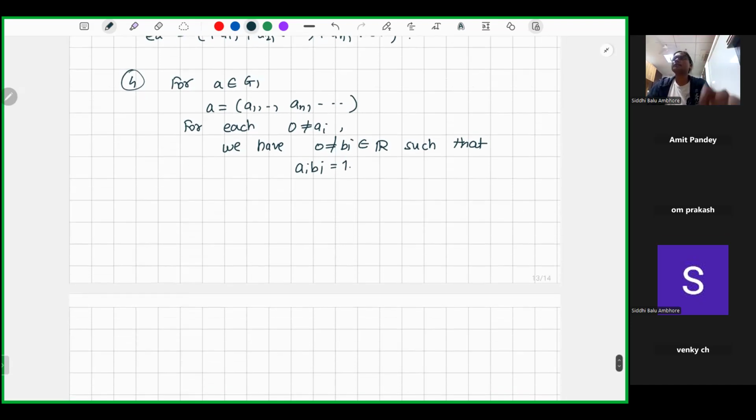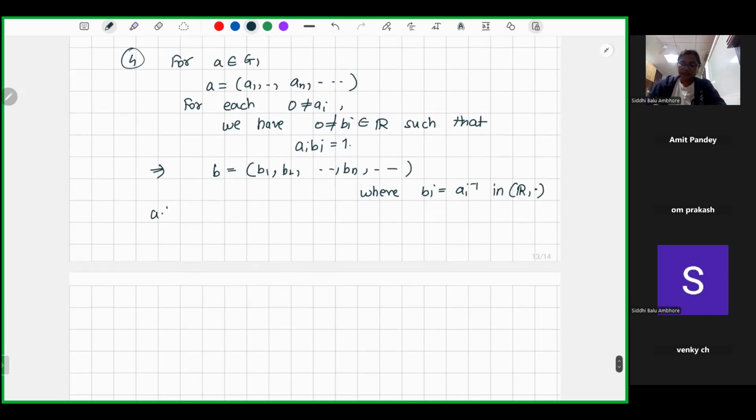A non-zero real number has an inverse. So we say this B is equal to B1, B2, Bn, and so on, where Bi is equal to AI inverse in R multiplication.